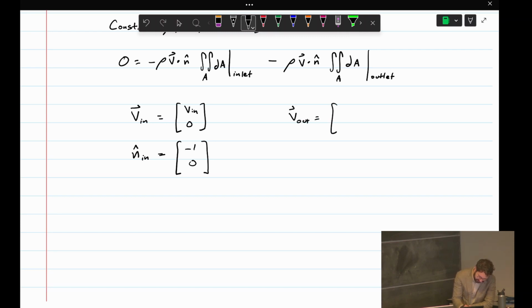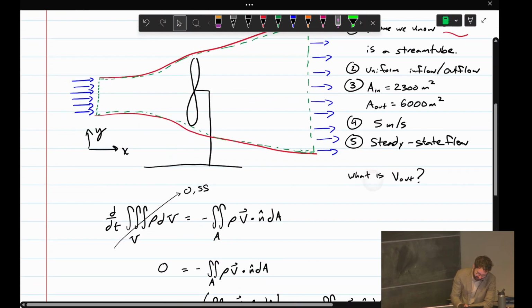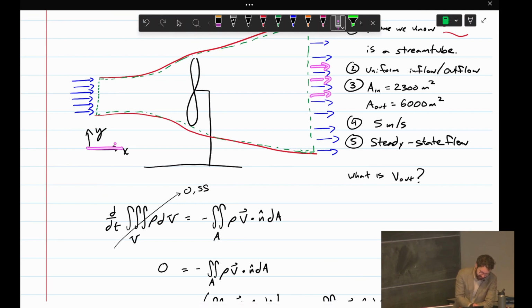V out is in a similar manner. And n hat out is going to be 1 and 0, because our normal vector always points outward. So that's pointing in our positive x direction, right?